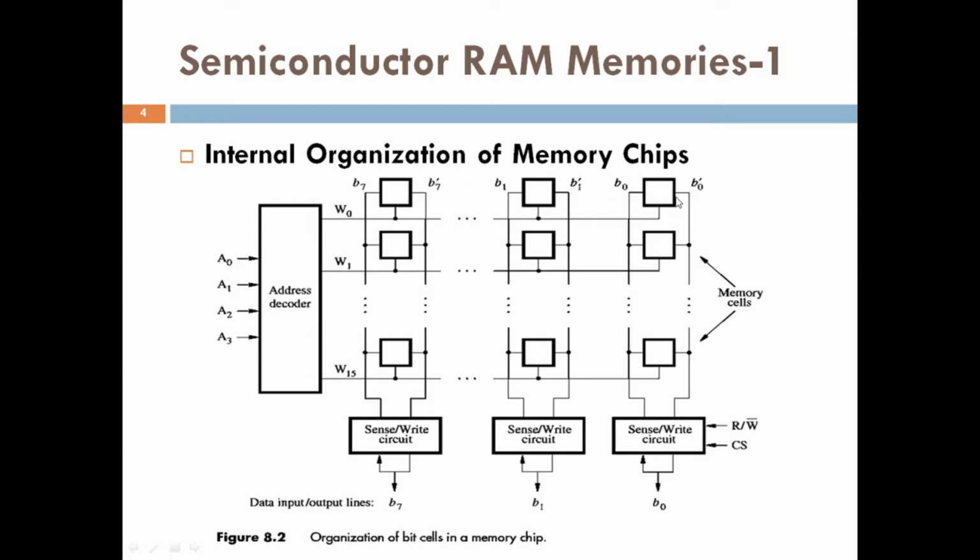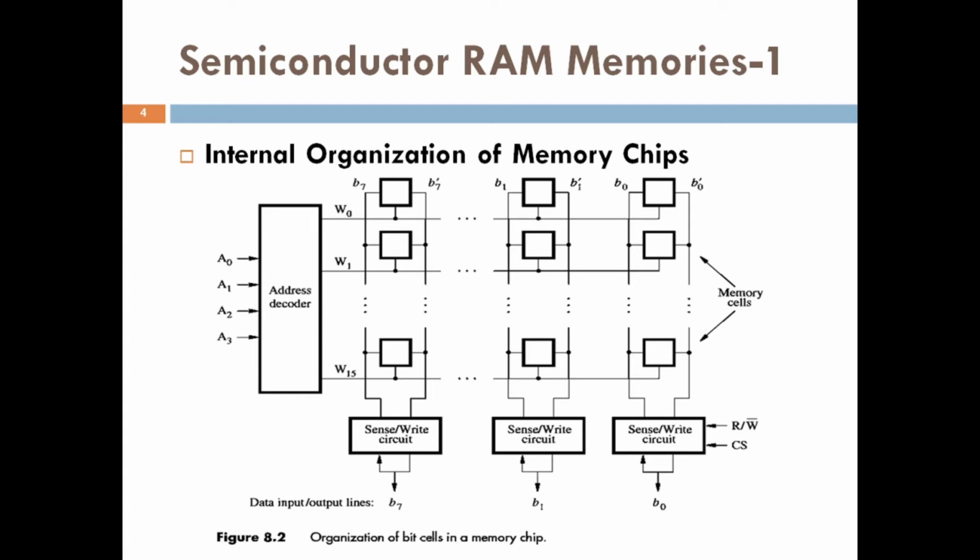The collection of these memory bits is known as a word. When these cells are connected to a common line, we name it a word line, where each word line is capable of storing one word of information, right? This word line is driven by the address decoder on the chip.